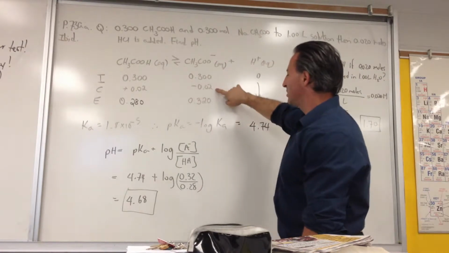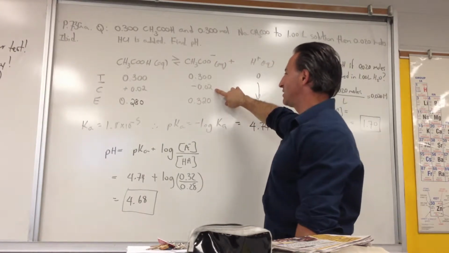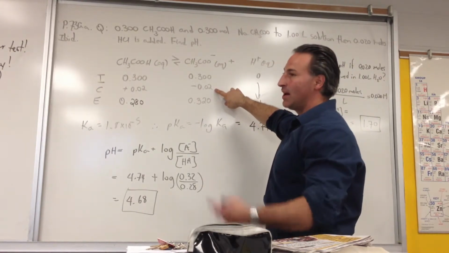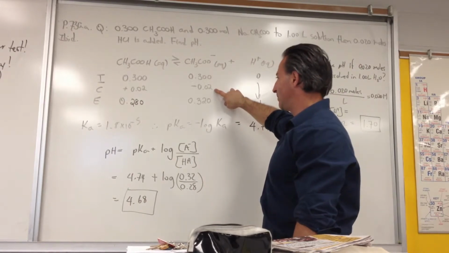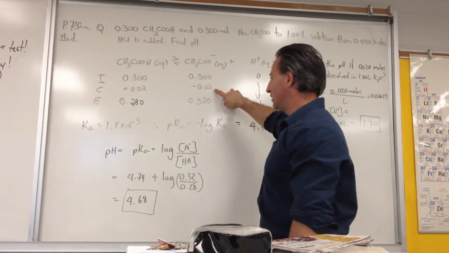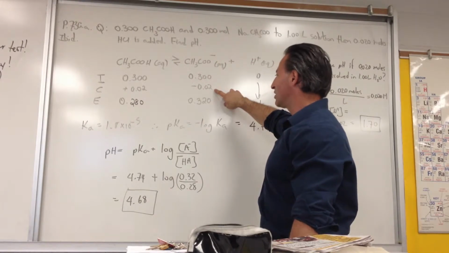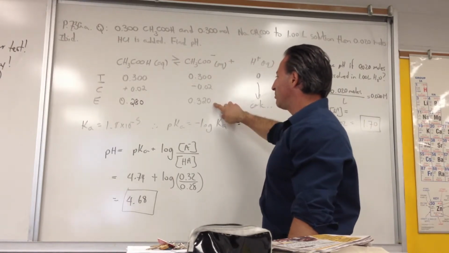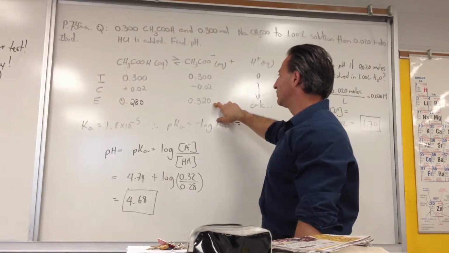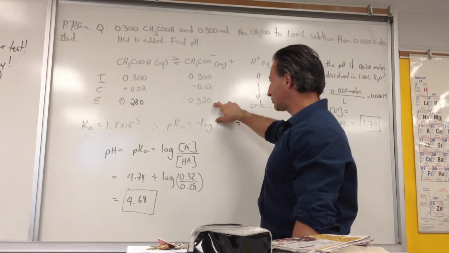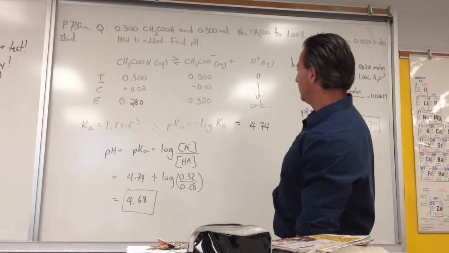So the effect is going to be that it decreases the concentration of the acetate ion by the same amount as the amount of strong acid that you've added. We've added 0.02 molar concentration of strong acid, so that brings our acetate ion concentration down.